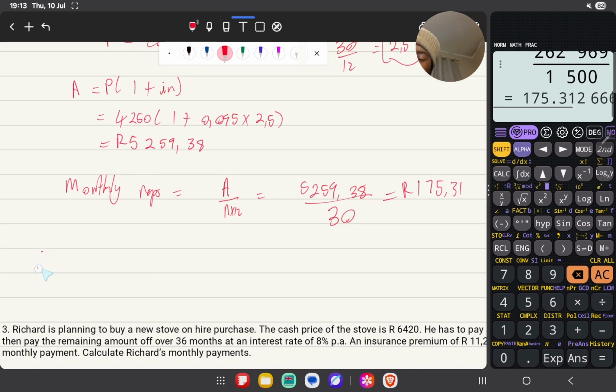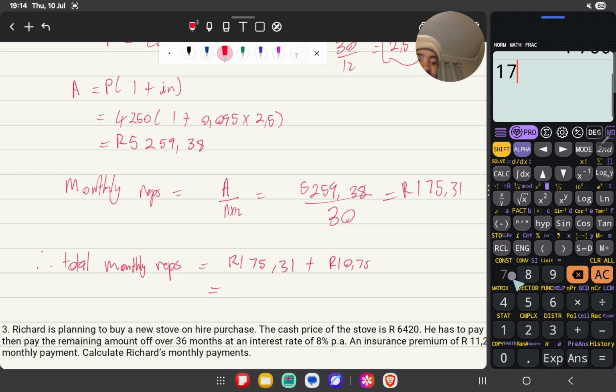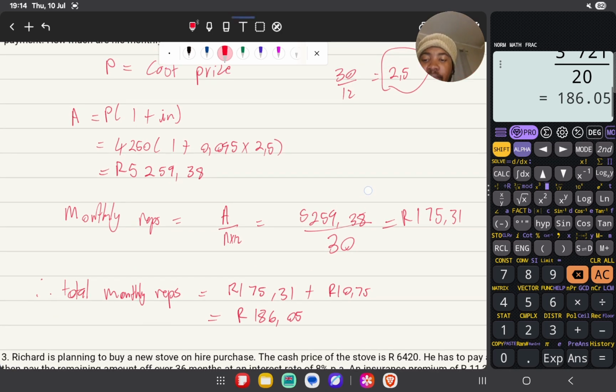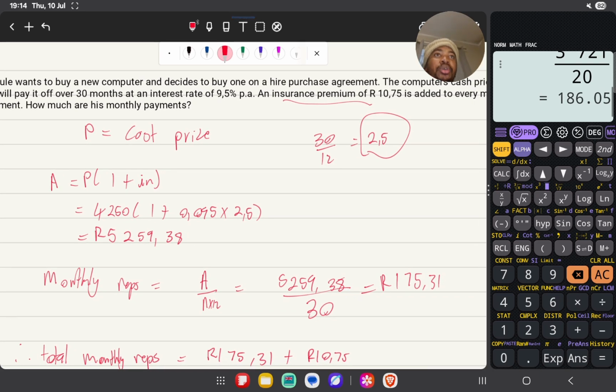Therefore, total monthly repayments is going to be 175.31 plus 10 rand 75. So now this is it.